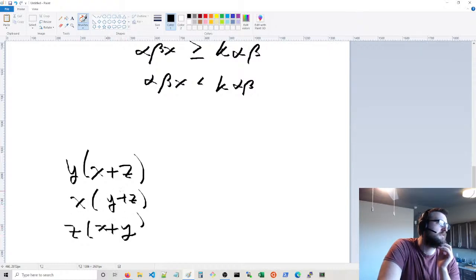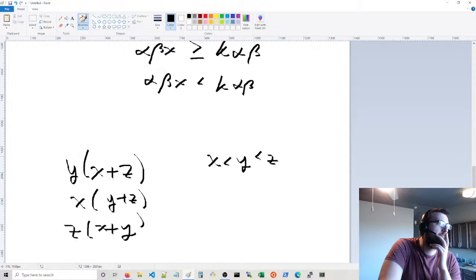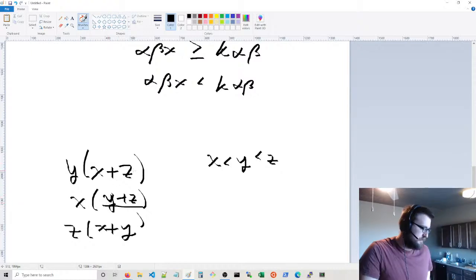Which of these is going to be larger based off of x less than y less than z? It's kind of a similar question to what we're asking here. If x is the smallest value, and even though this is very large, I don't know, let's take some examples.